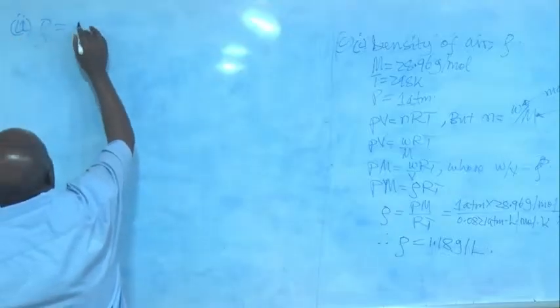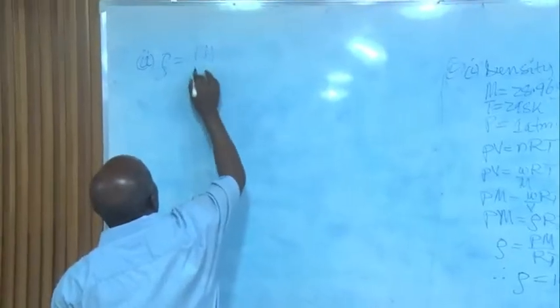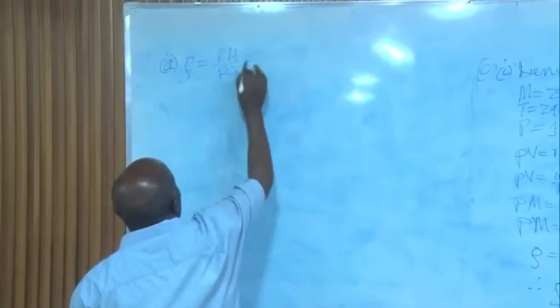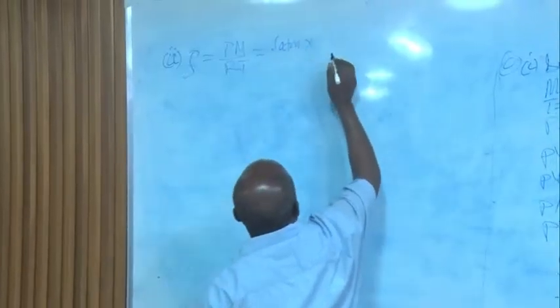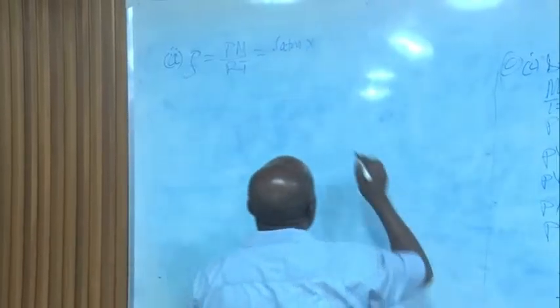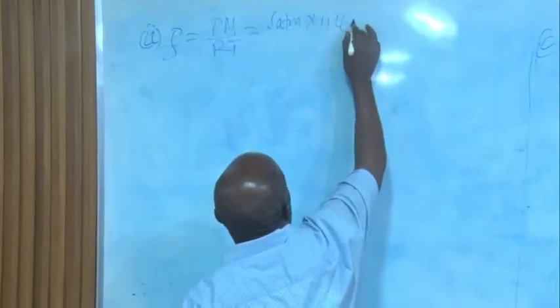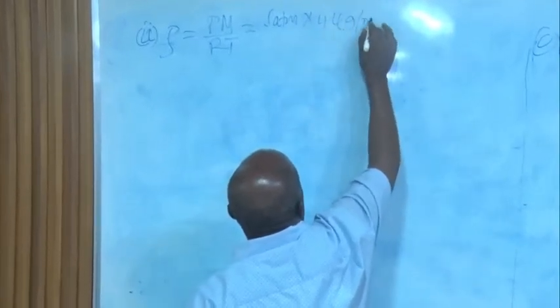Now we apply this equation, density is equal to PM over RT. Now P is 1 atmosphere, times the molar mass of carbon dioxide, which is 44 grams per mole.